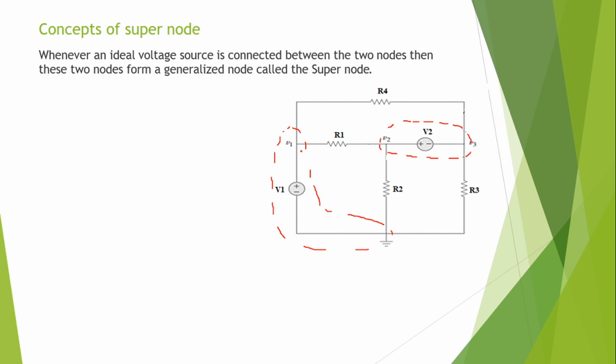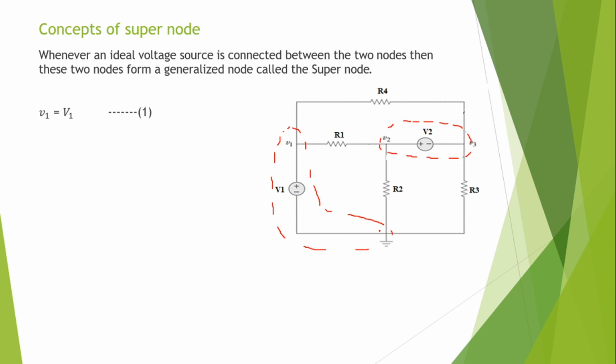Now let us consider this case. Whenever an ideal voltage source is connected between one of the nodes and a reference node, then I can write the equation directly based on the sign convention of the source voltage. The higher potential of this voltage source, capital V1, is connected to small v1, the node voltage.